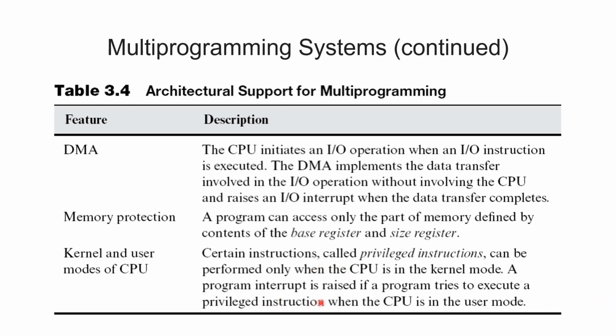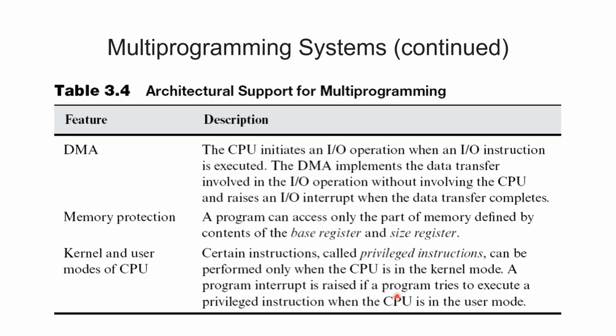A program interrupt is raised if the program tries to execute a privileged instruction when the CPU is in user mode. When the CPU is in user mode, it cannot execute privileged instructions. If it tries to execute them, the interrupt will be raised. Privileged instructions can be used only while the CPU is in kernel mode.